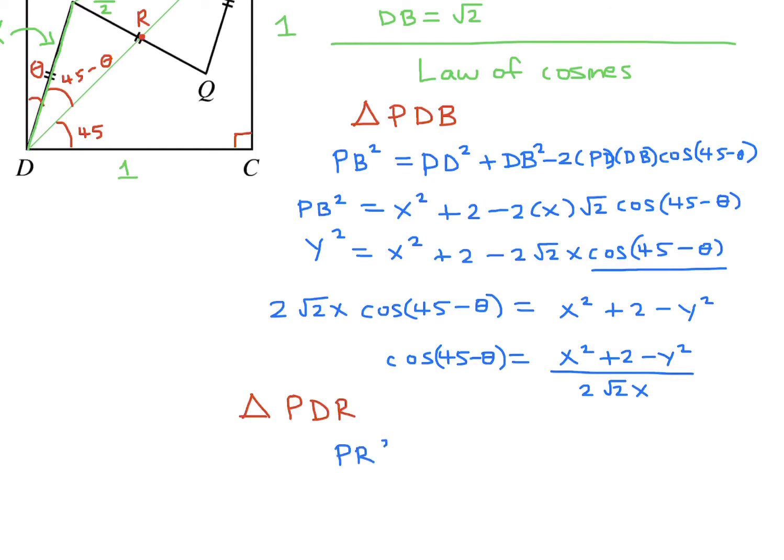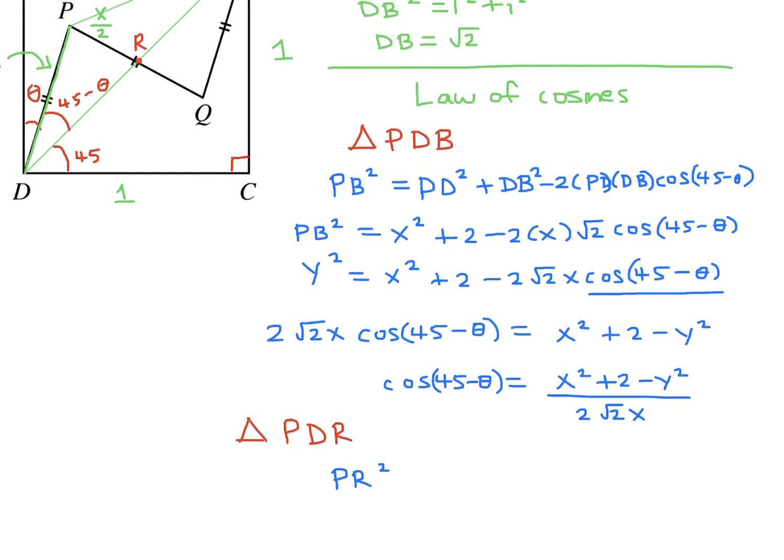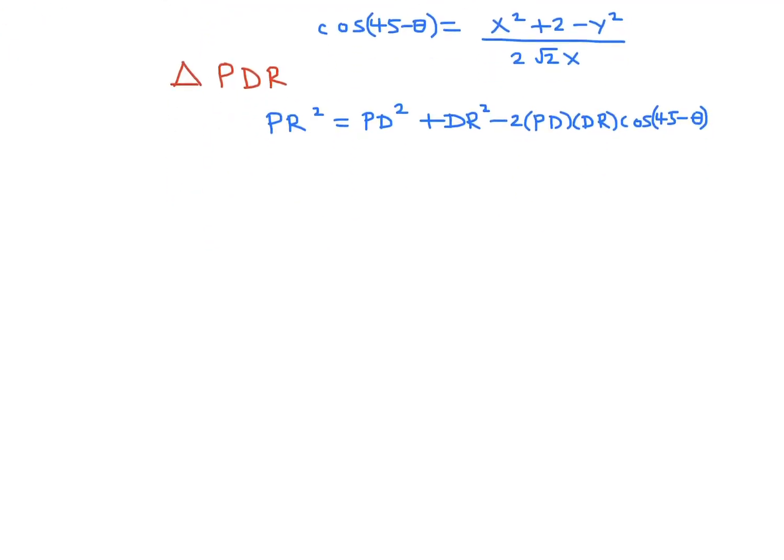PR squared is equal to PD squared plus DR squared minus 2 PD times DR times the cos of 45 minus theta. All right? Okay, now I can move it up.